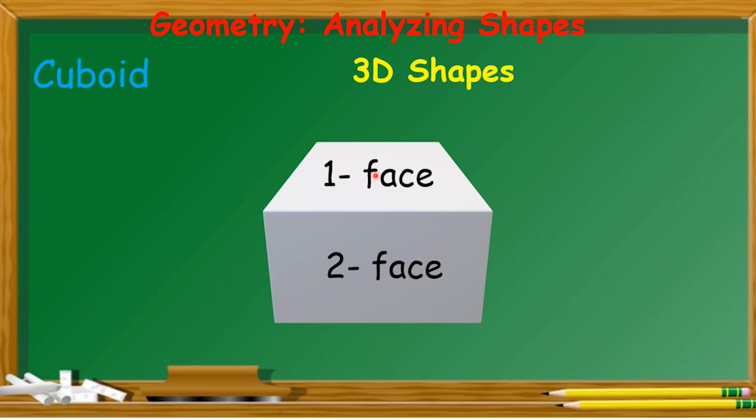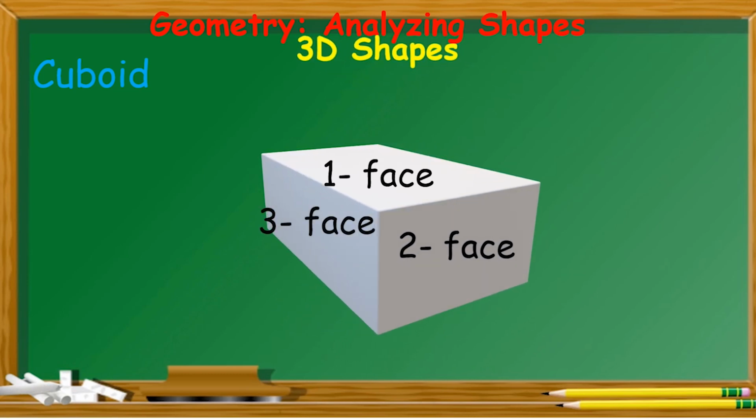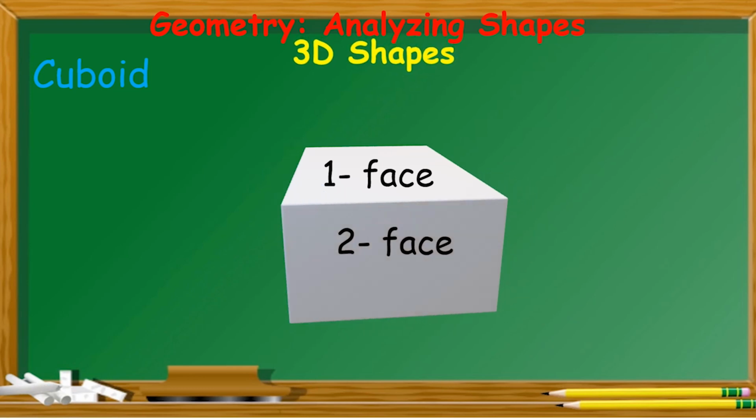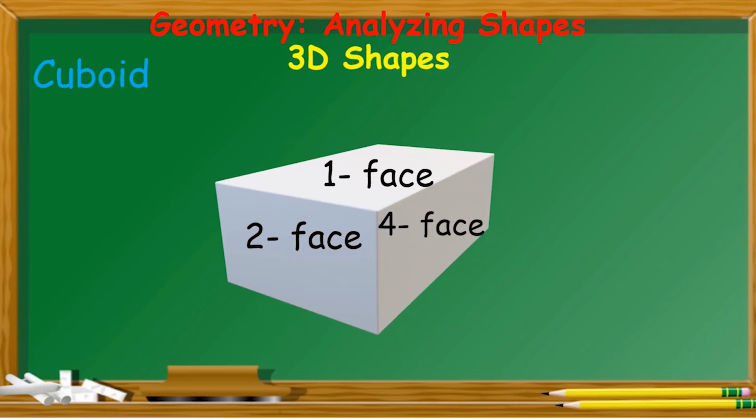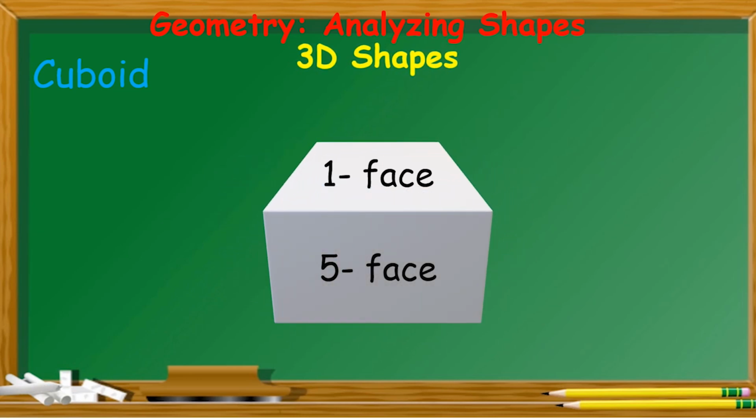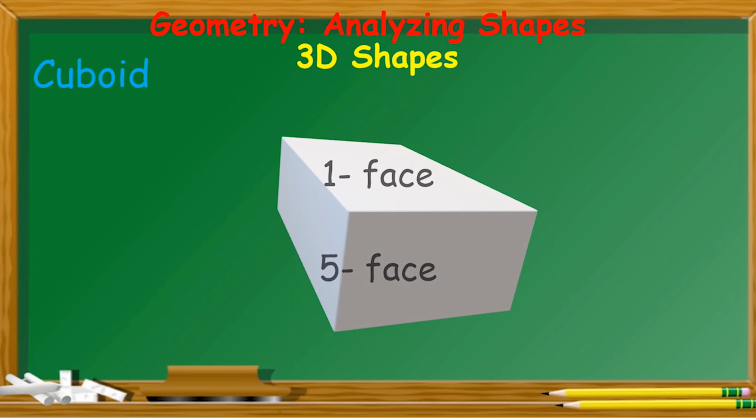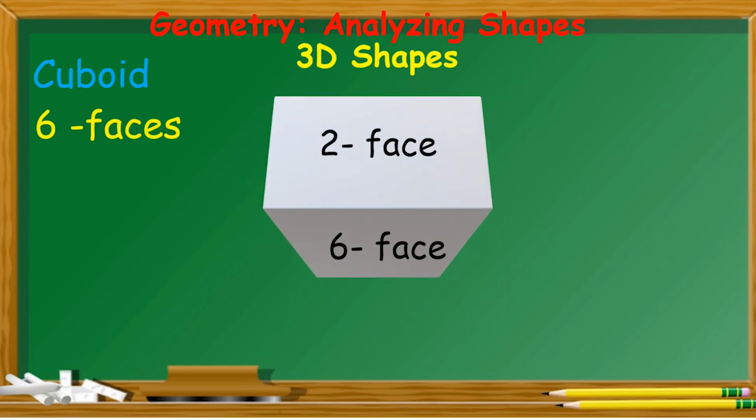This one is 2 faces, 3 faces, 4 faces, 5 faces, and 6 faces. So cuboid has 6 faces, the same like a cube.